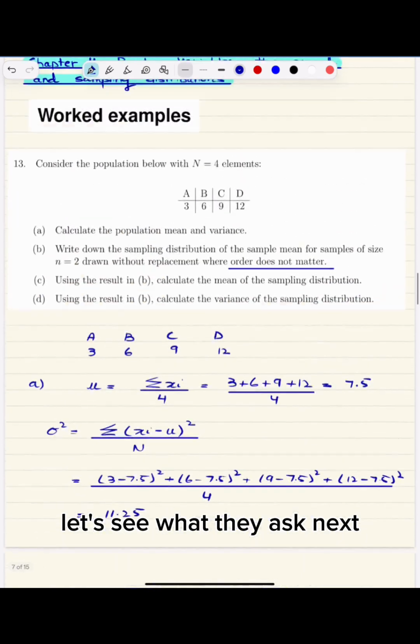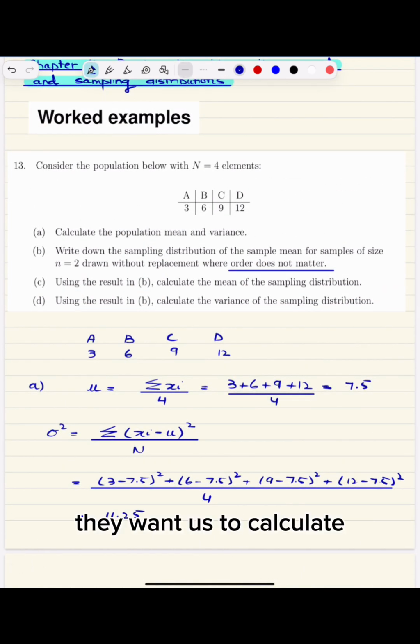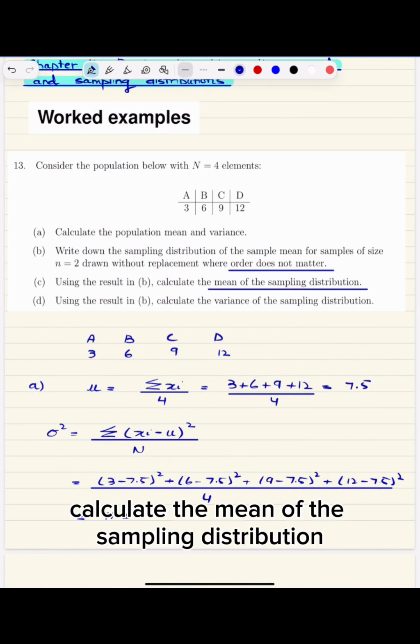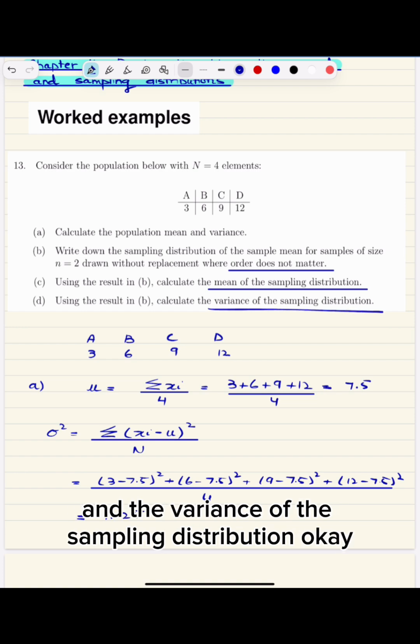Let's see what they asked us. They want us to calculate the mean of the sampling distribution and the variance of the sampling distribution.